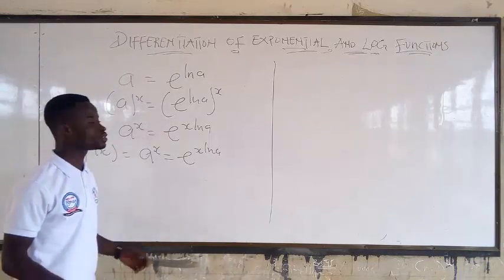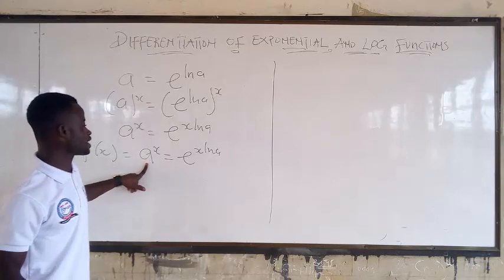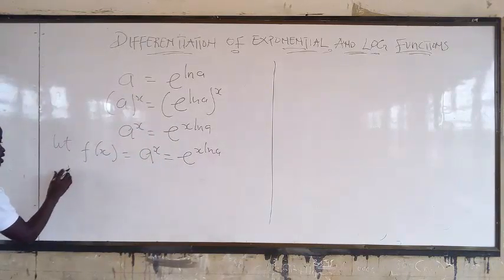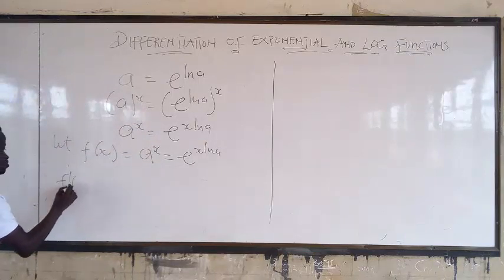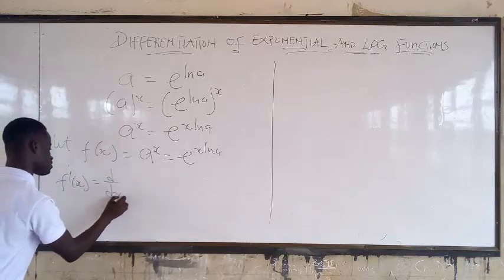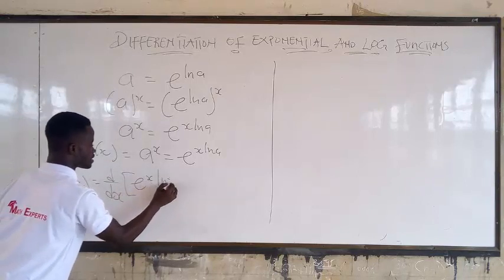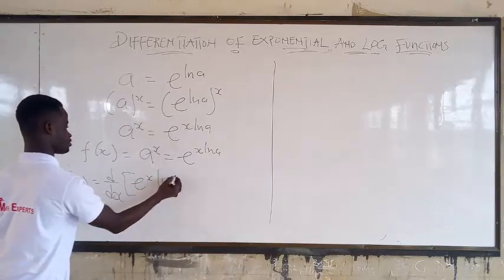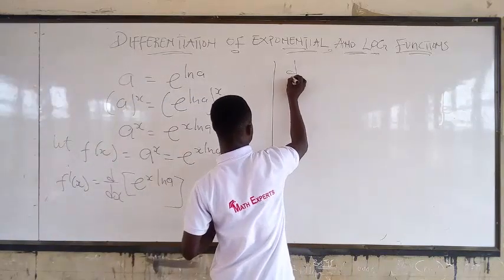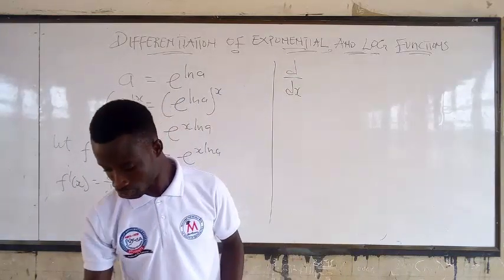So, to take the derivative of this is the same as taking the derivative of this. If yes, then f prime of x is the same as the derivative of e raised to the power x ln A. Alright, so having this, we want to derive something.